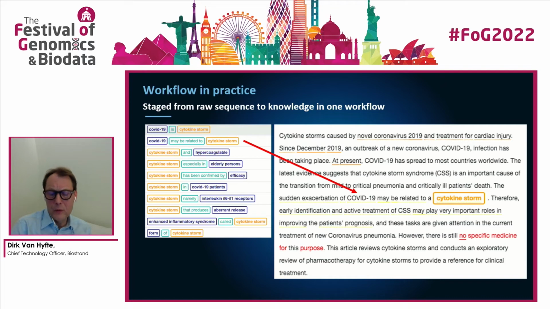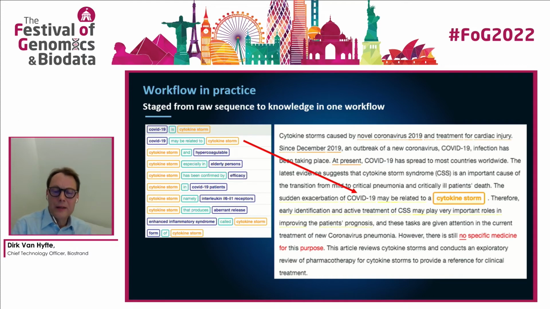We are not only looking at the certainty of an expression, but negation is also an important markup. And as you see in red, there you have no specific medicine for this purpose. That's indeed a markup of a negation, also again based on linguistic rules. And even in sentences, we can expand that negation further down the sentence itself.